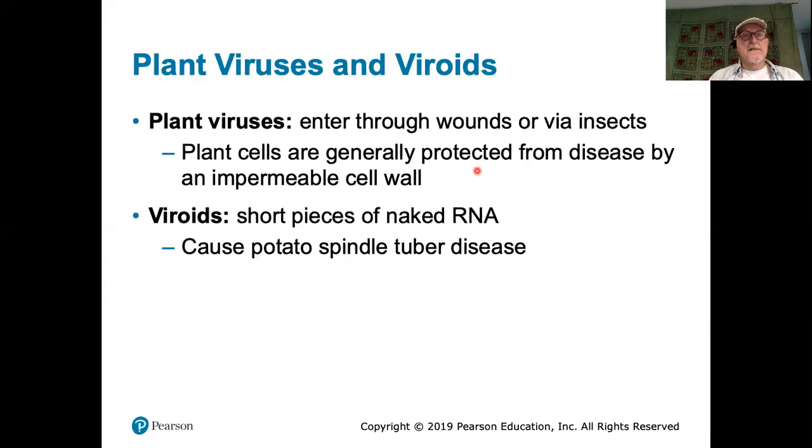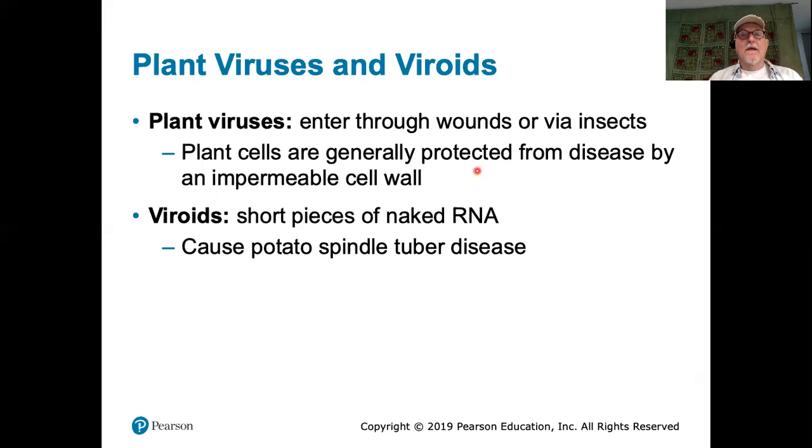And plant viruses are tremendously important for humans because they cause so many crop diseases. They're usually spread by insects, but they can also be spread by any wound. So with pruning, if gardeners are not careful, they can easily spread virus from one plant to another.